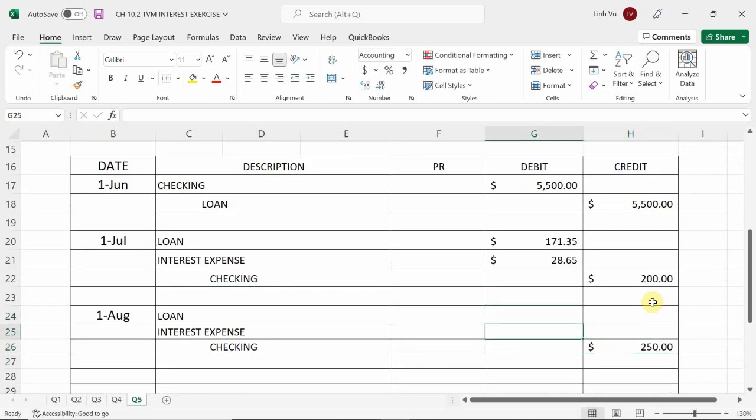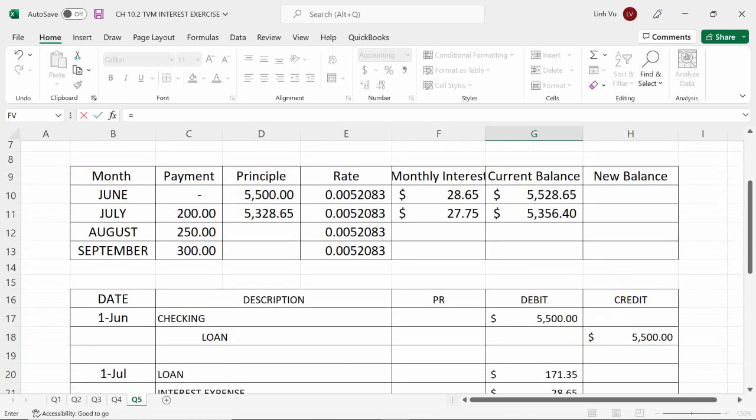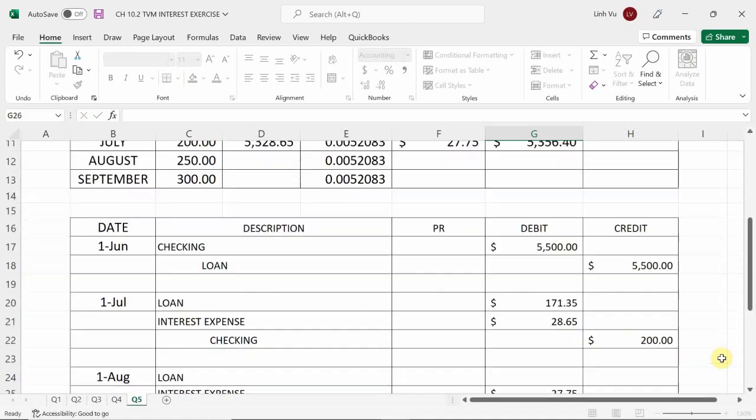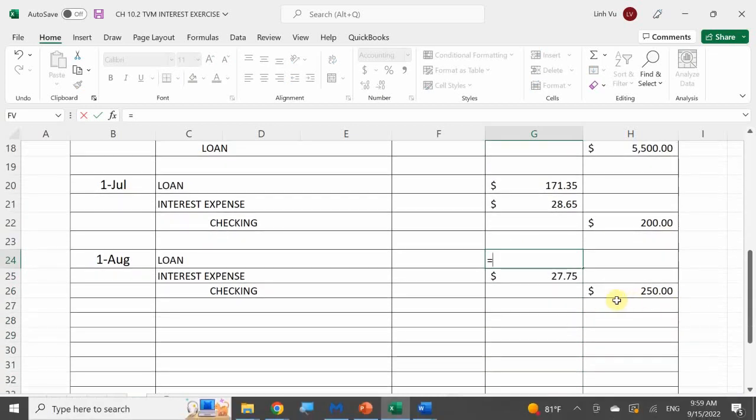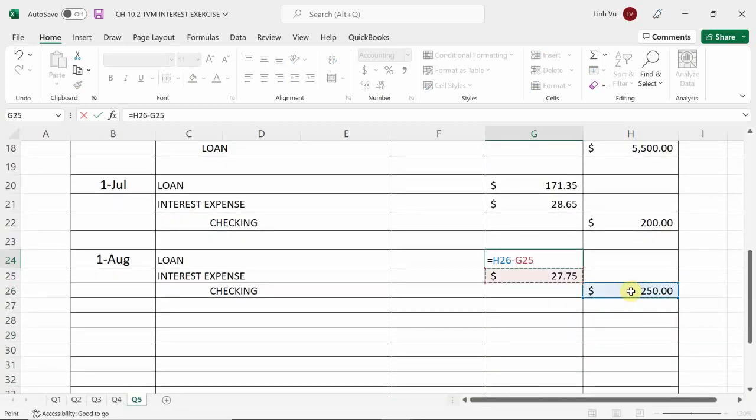$222.25. All right. So then the interest, we already calculated, was $27.75, right? So we're going to be paying a total of $222.25 towards my actual principal. Okay.